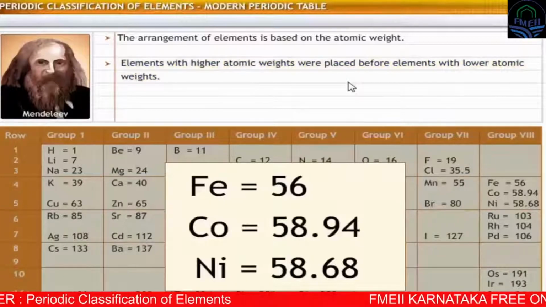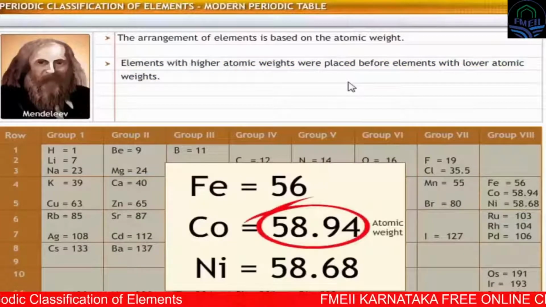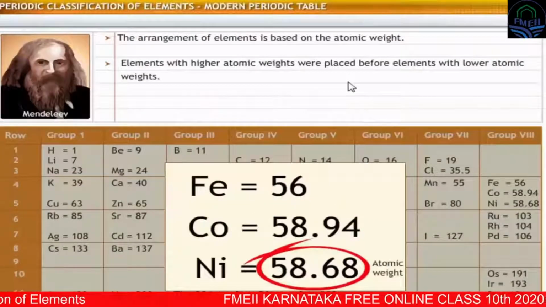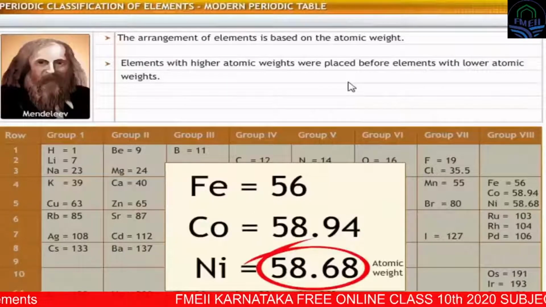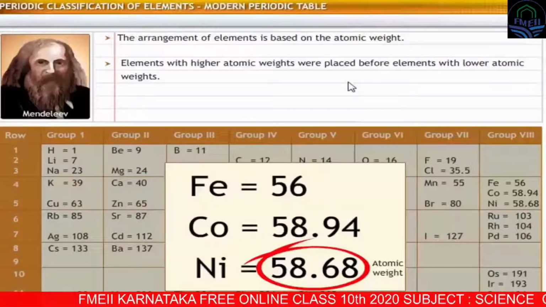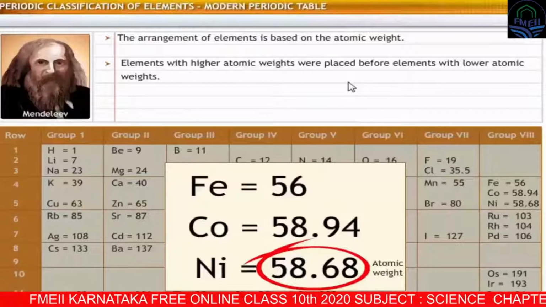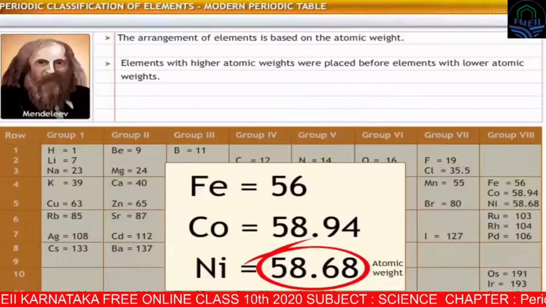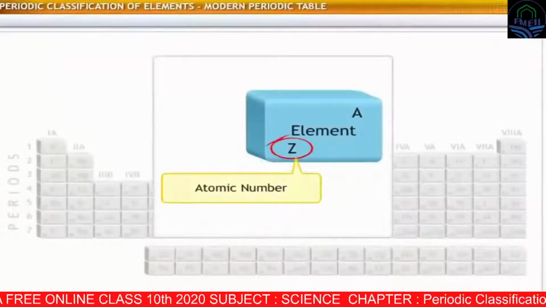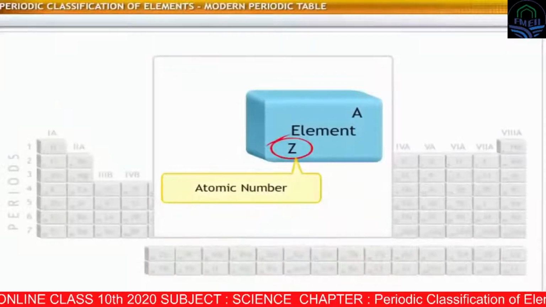For example, the atomic weight of cobalt is 58.94, and that of nickel is 58.68. However, Mendeleev's periodic table places cobalt before nickel. Such anomalies were resolved when the modern periodic law designated atomic number as the criterion for classification.